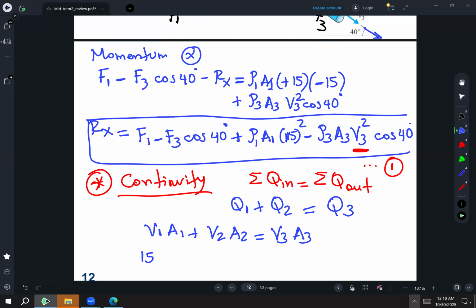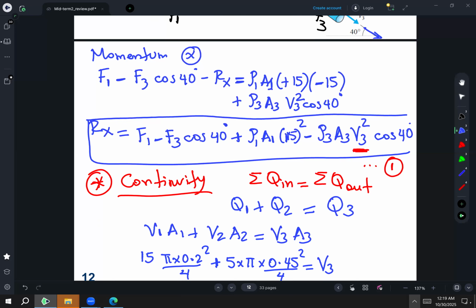Area 1, we have the diameter of 20 centimeters, so it's going to be pi times 0.2 squared divided by 4, plus velocity 2 is 5, and area 2, the diameter is 45 centimeters, so it's going to be times pi 0.45 squared divided by 4, and that will be equal to the velocity in 3, which I don't know, and area 3.